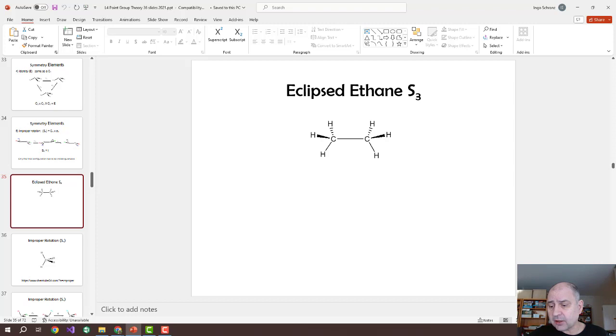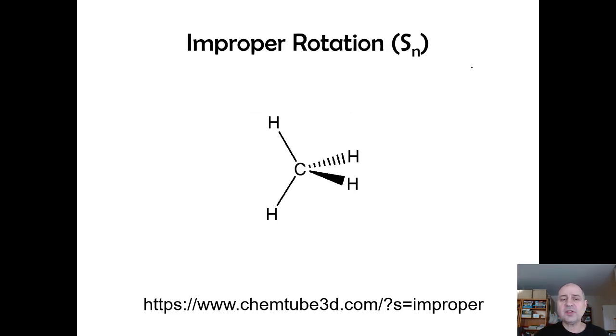It's a little harder to see, for example, if you have methane, which has an S4. It's harder to see because there's no C4 and there's no horizontal mirror plane. But if you perform a C2 here, well, we know we have a C2 here.